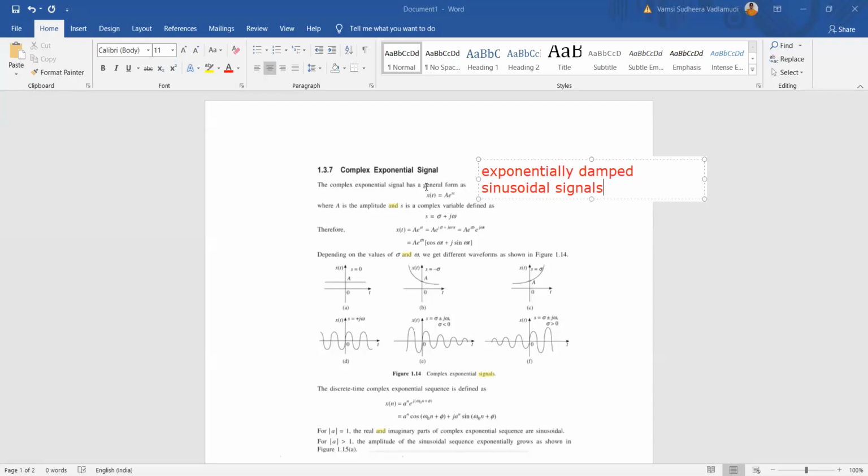In this, what we are going to do is multiply an exponential signal with the sinusoidal signal. Let us see how it looks like. Usually the exponentially damped sinusoidal signal or complex exponential signals may look like this.